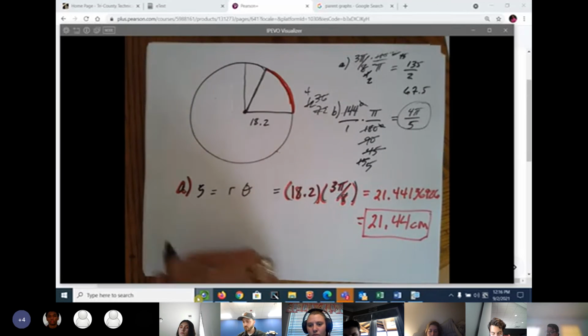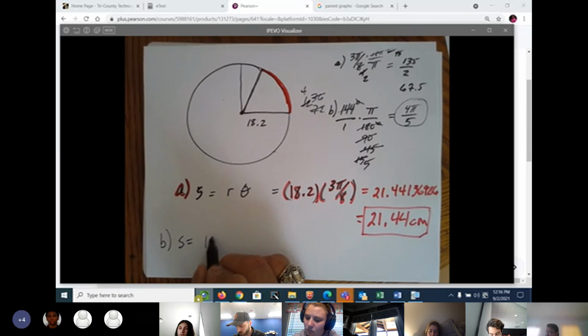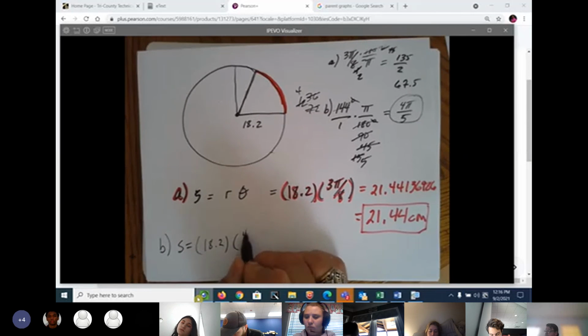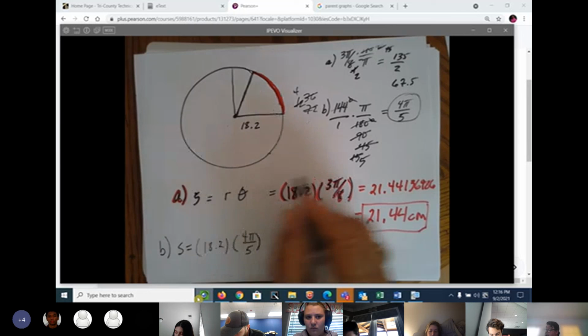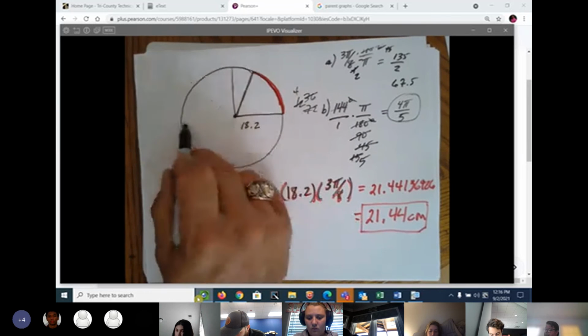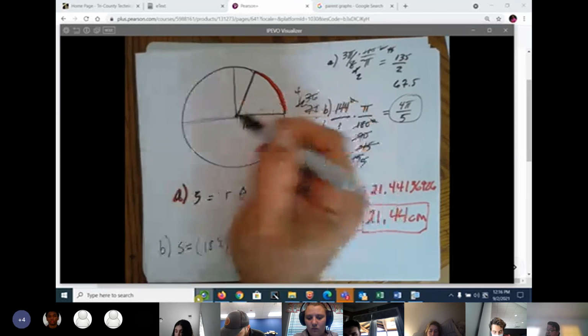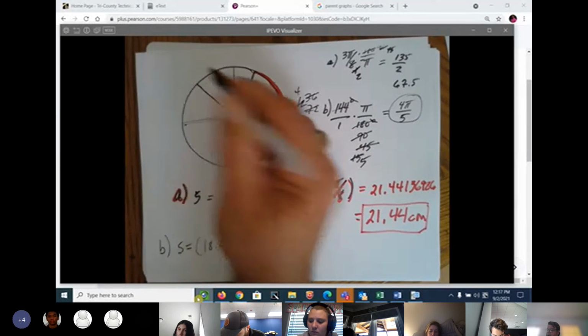Okay, so S is equal to 18.2 multiplied by 4 pi over 5. Now let's see. 144 degrees. Where is 144 degrees? There's 180, so we're just about half of that right there.